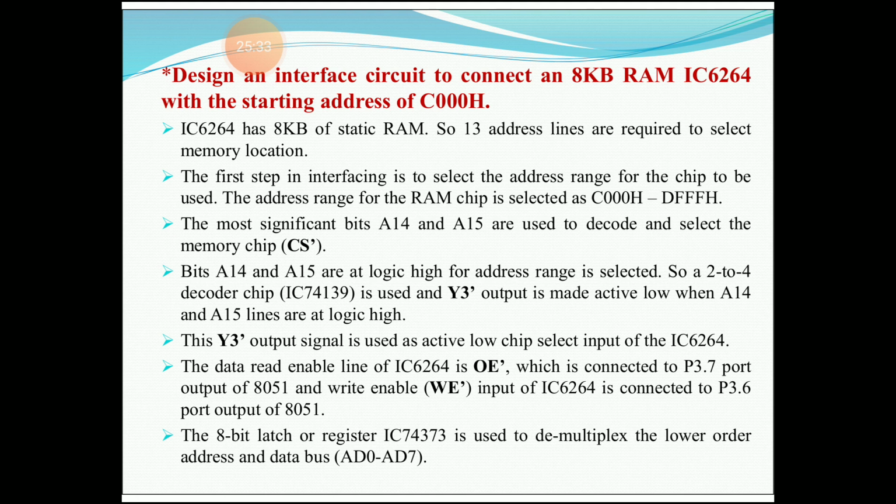So a 2-to-4 decoder chip, that is IC 74139, is used, and the Y3 bar output is made active low when both A14 and A15 lines are at logic high for the given address range. This Y3 bar output signal is used as the active low chip enable of the IC 6264.